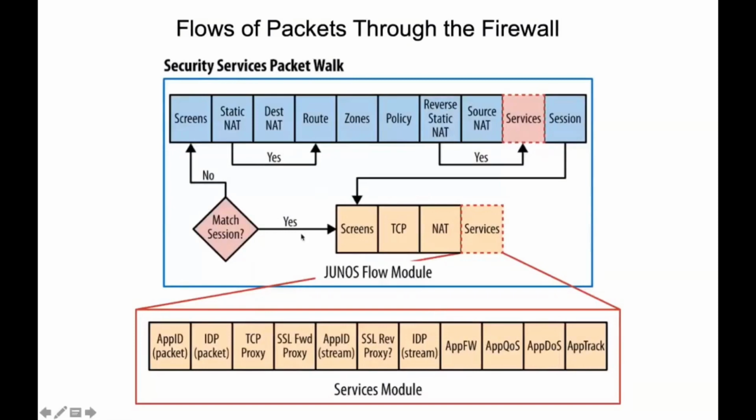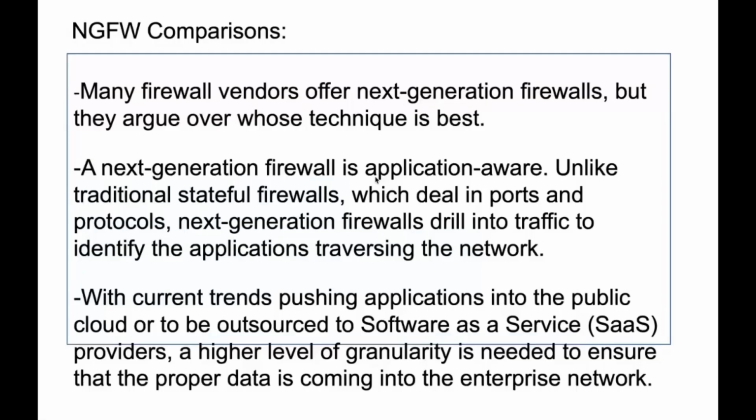And all this processing is not going to be done because it knows that it's part of a response. That's the main difference between a next generation firewall and a traditional firewall.